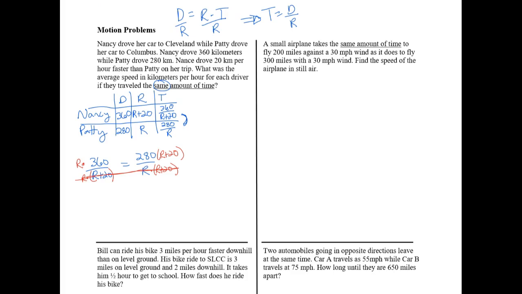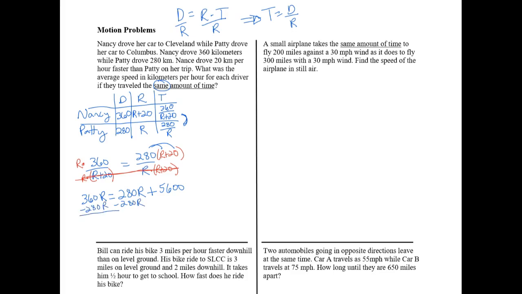So I'm going to go ahead and simplify and take r times 360, which is just 360r, right? Multiplication's commutative. I'll distribute, so 280 times r plus 280 times 20, which is 5,600. I want to get all my r's on the same side.